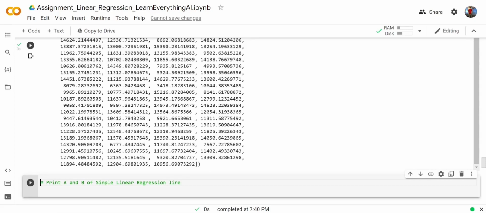And let us just see the parameters, what we had seen as beta naught and beta 1, the coefficient and the intercept. So the way we do it is we call simple_lr.coef_ and simple_lr.intercept_, look at the underscore in the syntax.